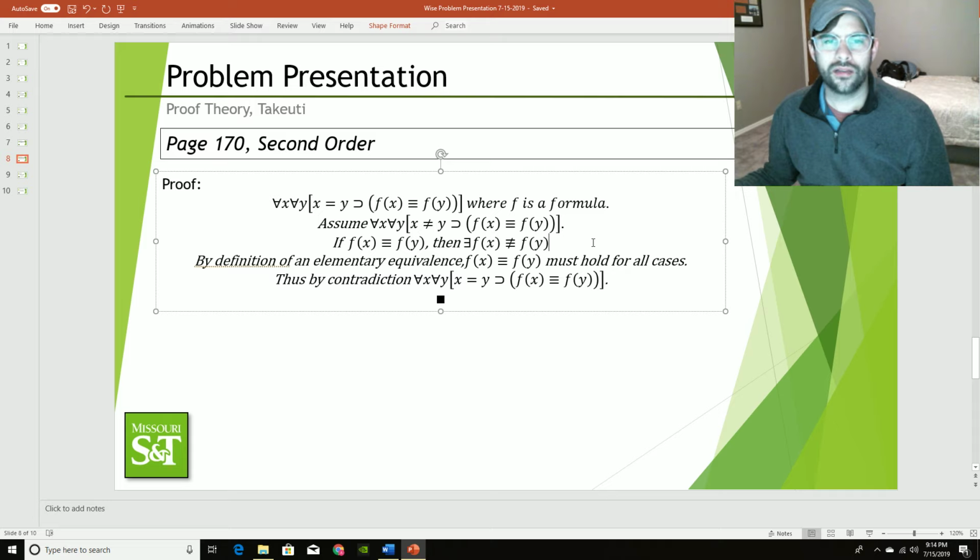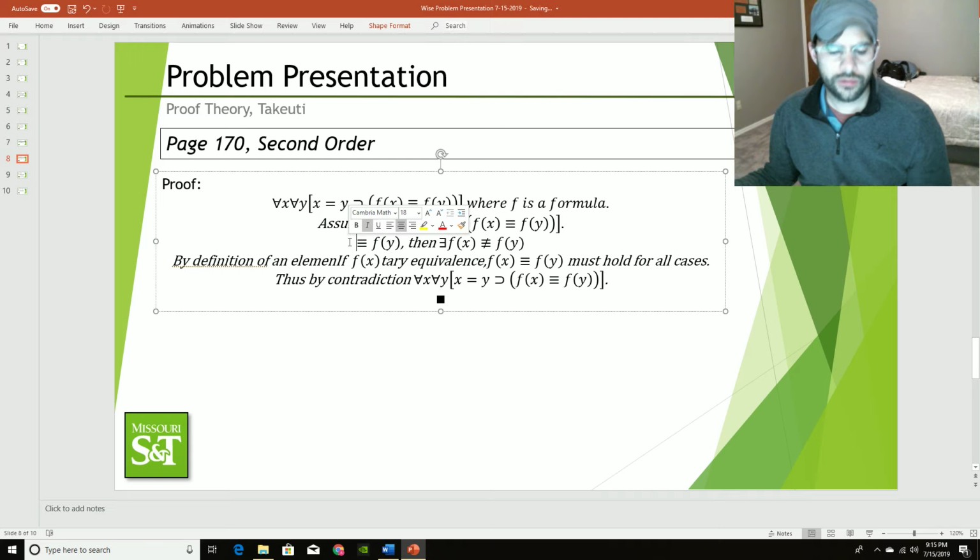Like if you have x plus x, then x plus y is going to be exactly the same thing, right? So I did this by contradiction, so we assume that for all x's and all y's, x is not equal to y, but it still implies this elementary equivalence relationship between the function x and the function y, right?